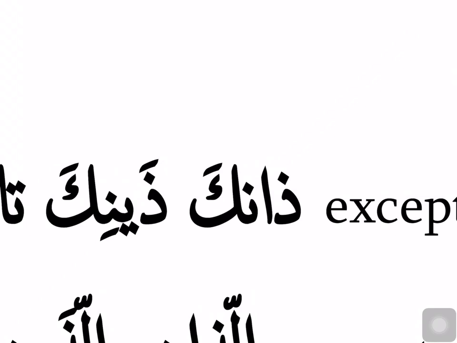So if the speaker is talking to one person, he will be saying dhanika. The kaf is for khitab. Who is he talking to when he's pointing towards something? So it could have been dhanikum if he's talking to plural people. Even though this is not common, it is a possibility.